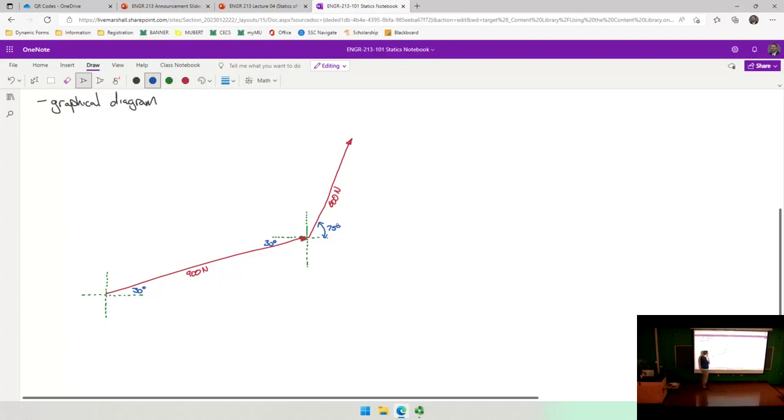So if this is 75 degrees, what's this one? Say again? 15. Because this is a 90-degree angle. So this is 15 and that's 90, right? So could I say that this is 105 degrees? Would that be a fair statement?